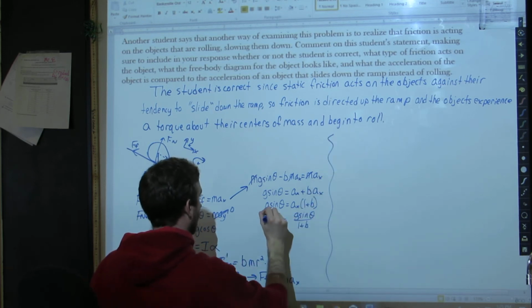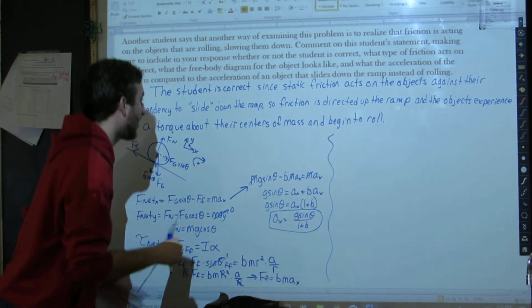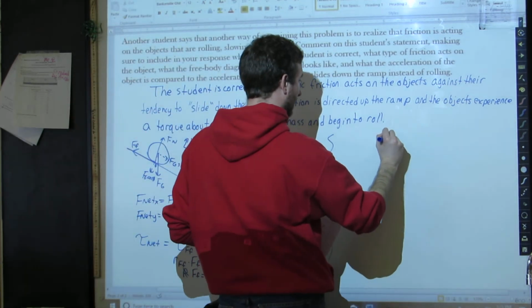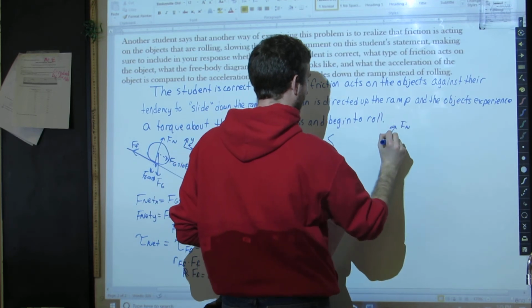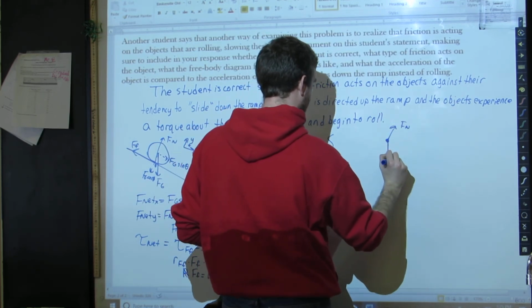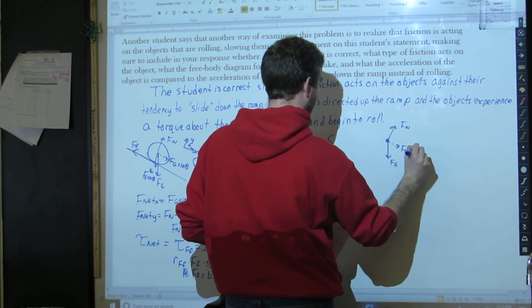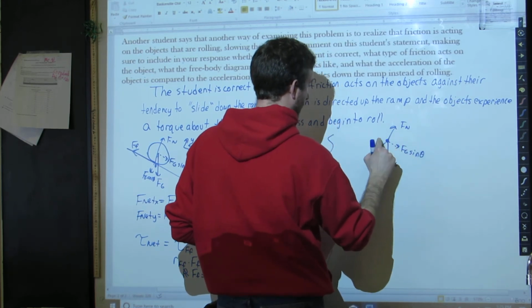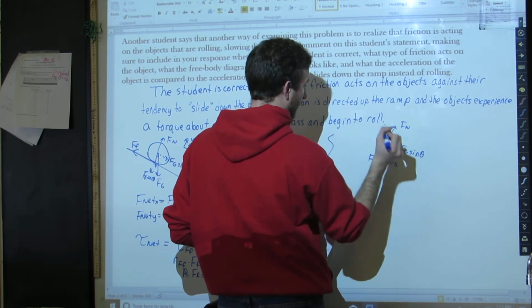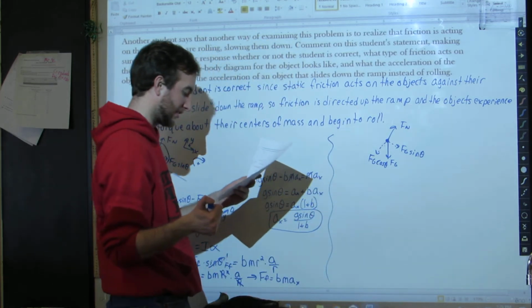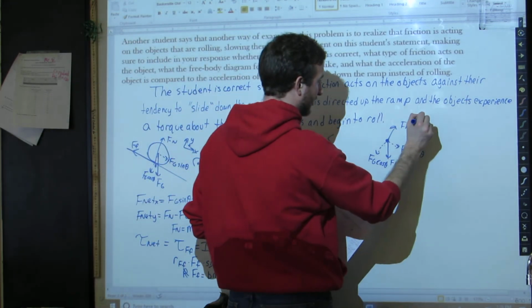Now the reason that is important is because for an object that simply slides down the ramp, I have pretty much the same free body diagram. I have Fn, Fg, Fg sine theta, Fg cosine theta. For the ones that are sliding, we'll say there was no friction.